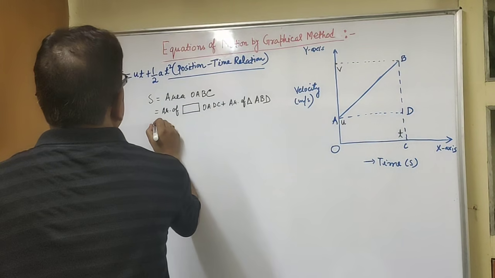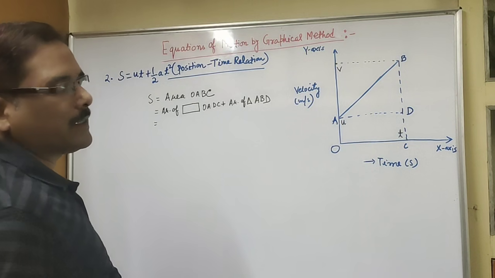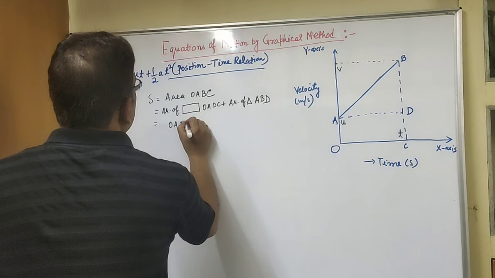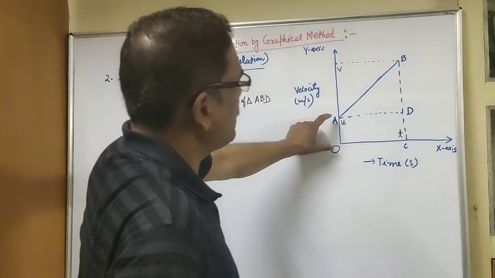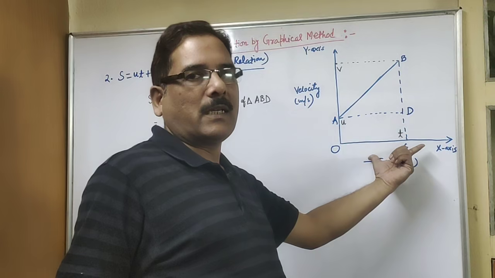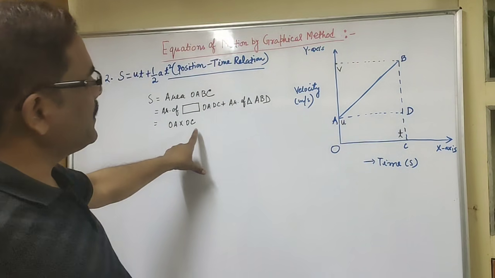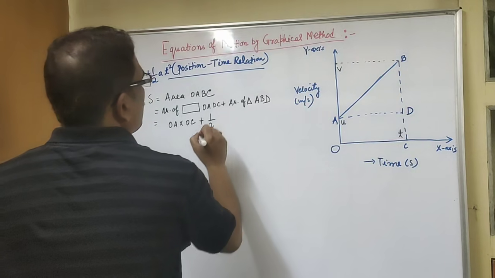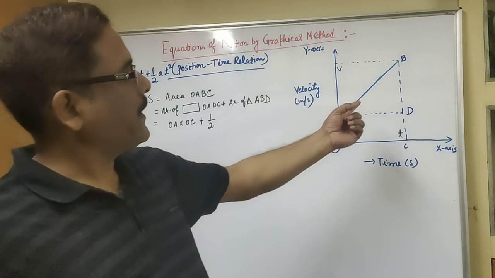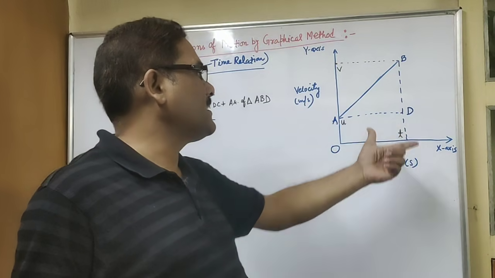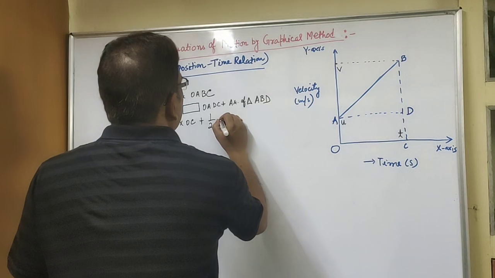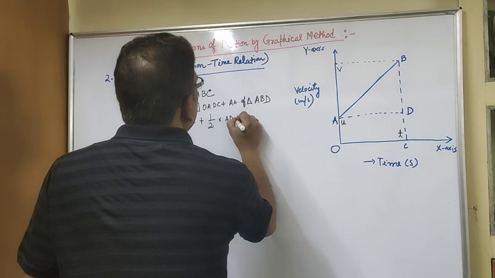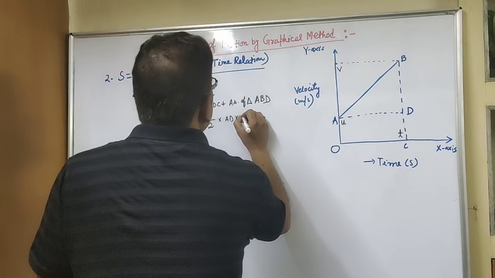As you know, area of rectangle is length into breadth. It will be simply OA into OC. OA is the breadth and OC you can consider as the length. So OA into OC plus, you also know the formula to calculate the area of a triangle. It will be half base into height. So base is AD and height is BD.